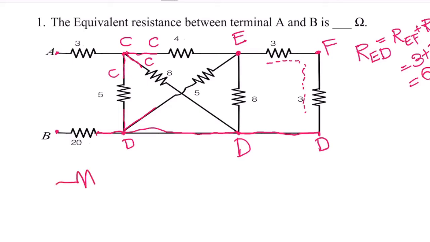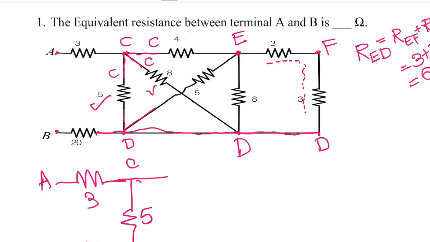Now I am redrawing the diagram, because this is the C point and this is the D point. There is 5 ohms, and similarly between this C and D there is 8.